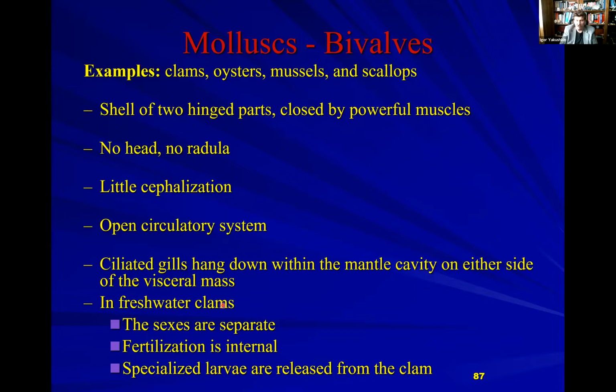ended up in the Great Lakes, and they started filtering the water. So they drastically changed the ecosystem within those lakes, because they started reproducing unchecked. They started consuming a lot of plankton.